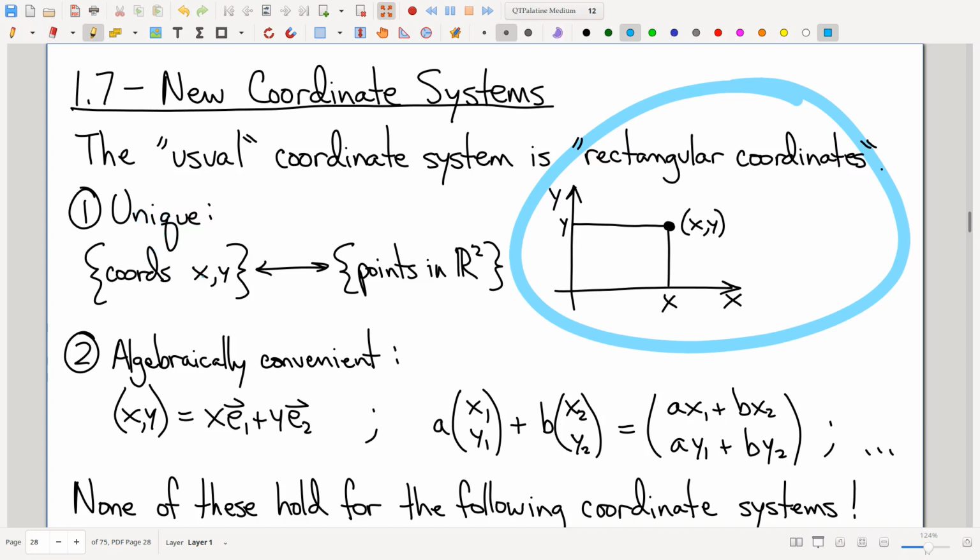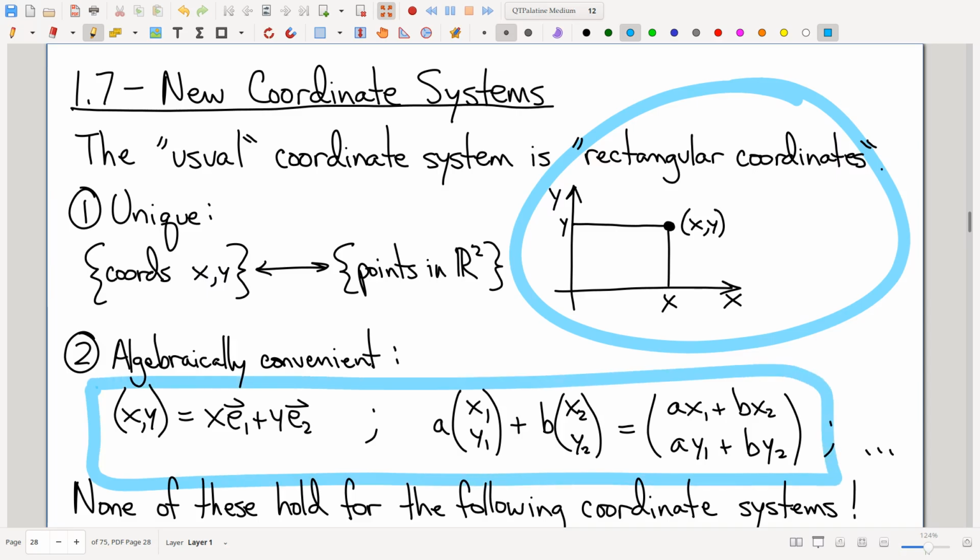Rectangular coordinates play nice with linear combinations in the sense that, for example, if you want to write a vector as a linear combination of standard basis vectors, the coordinates are the coefficients, right? That's nice. You got to love it. That's a peculiarity of rectangular coordinates.